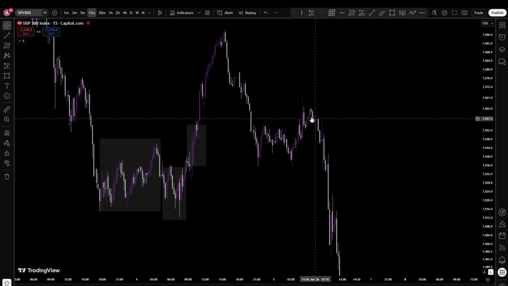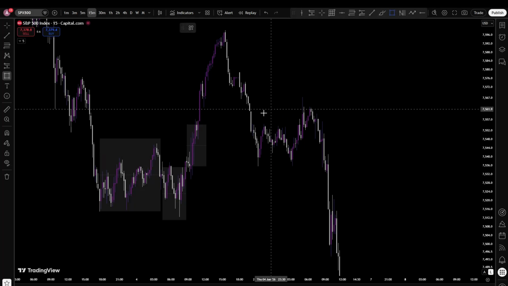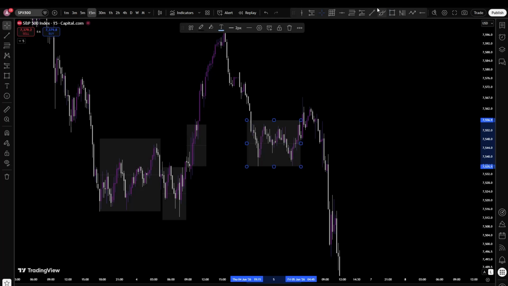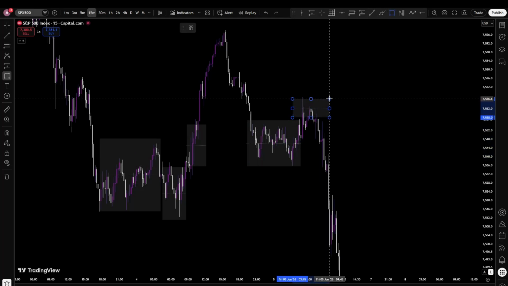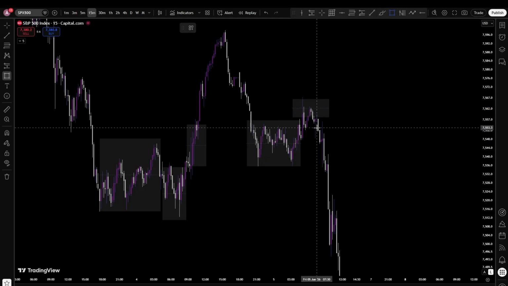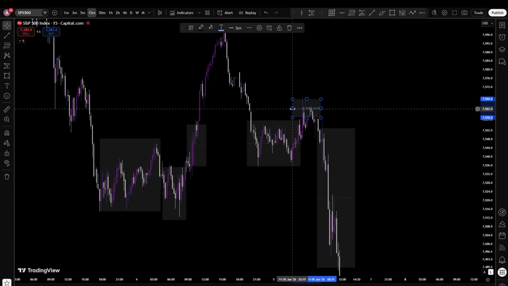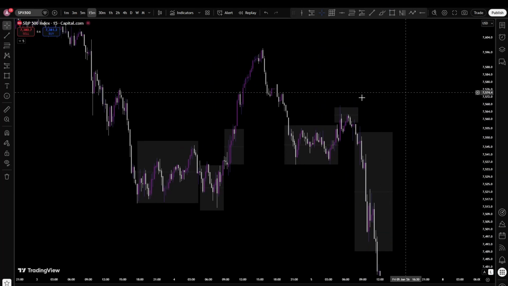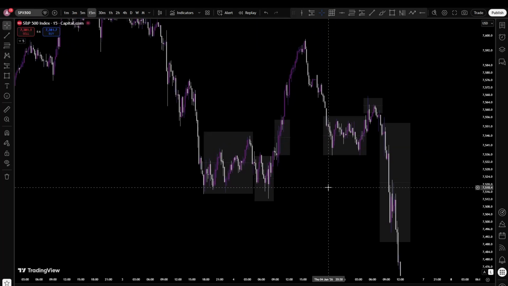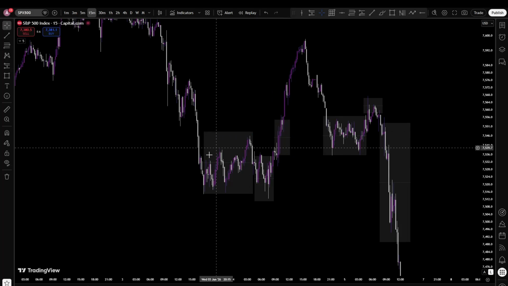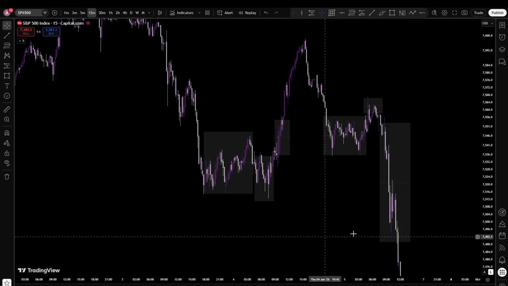And here we have some bearish AMD model: accumulation, manipulation, and distribution. If we take a further look, we'll see that we have two AMD models inside this one AMD model.